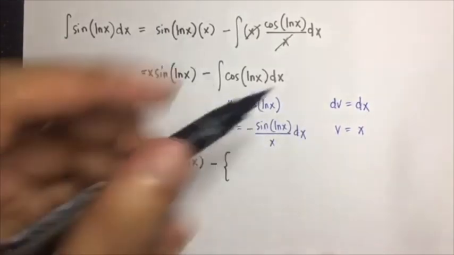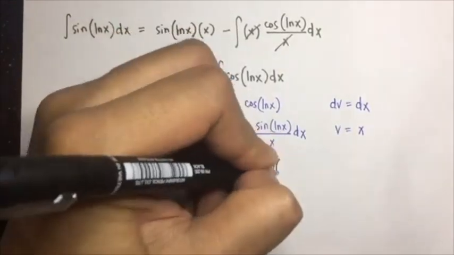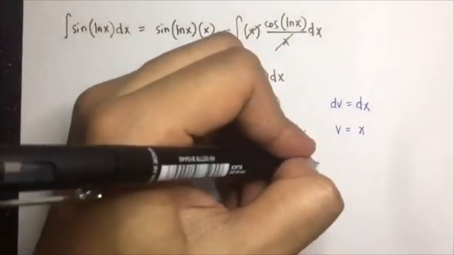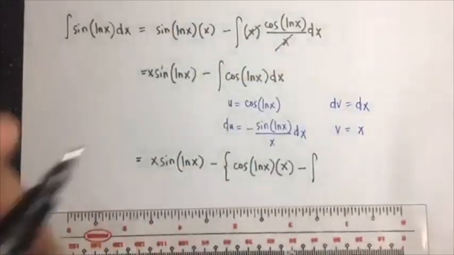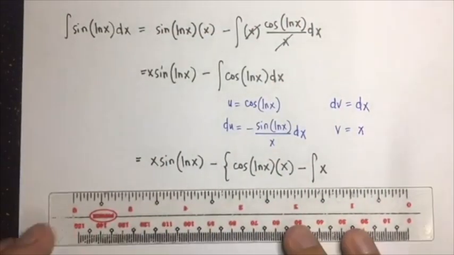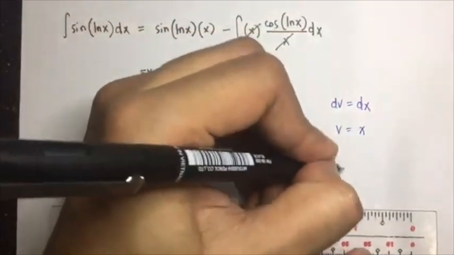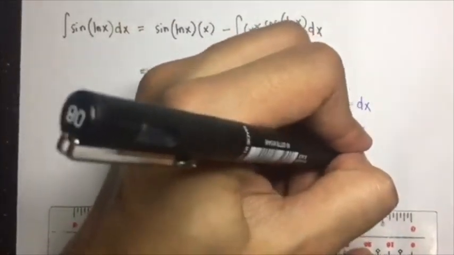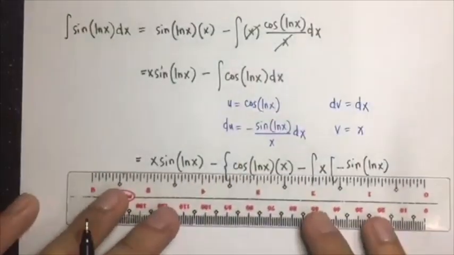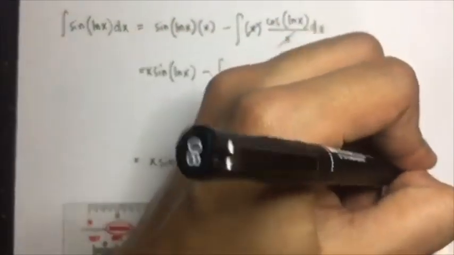So uv: we have cosine of ln of x, v is x, minus the integral of v and then du, which is negative sine of ln of x over x dx.